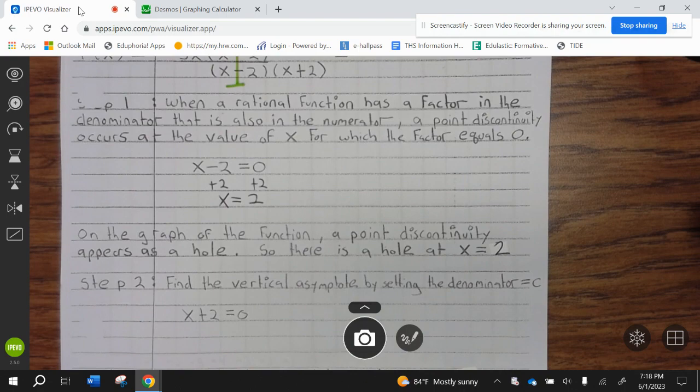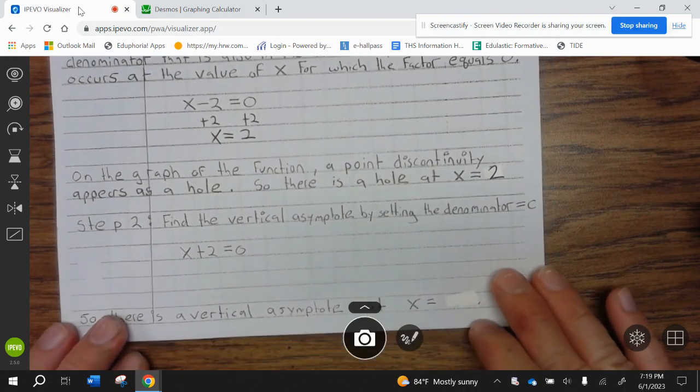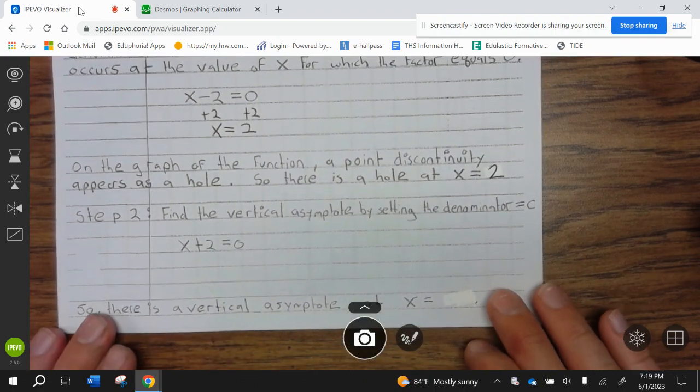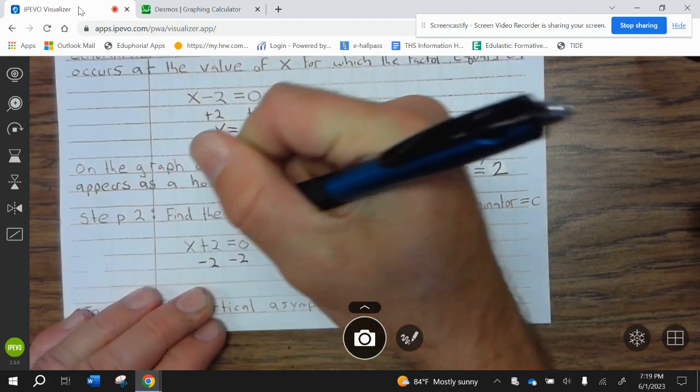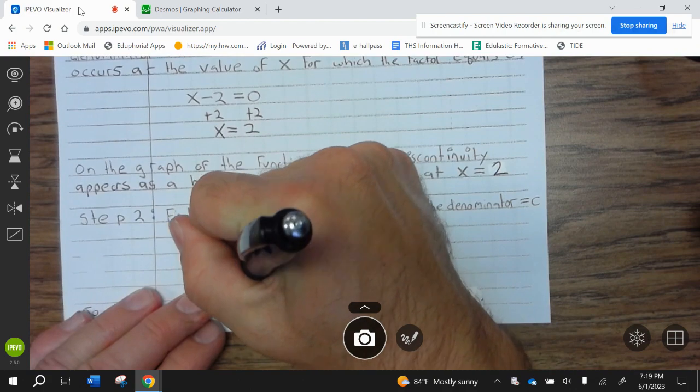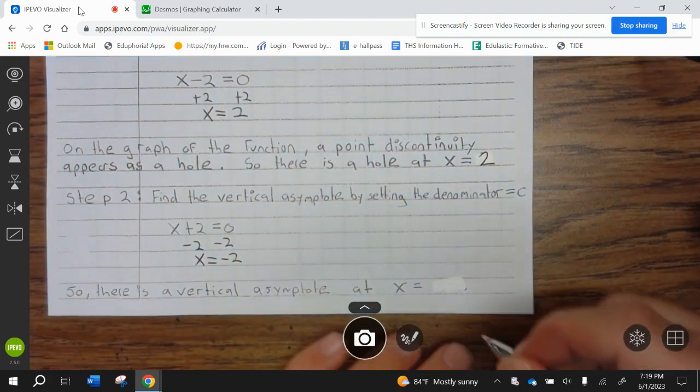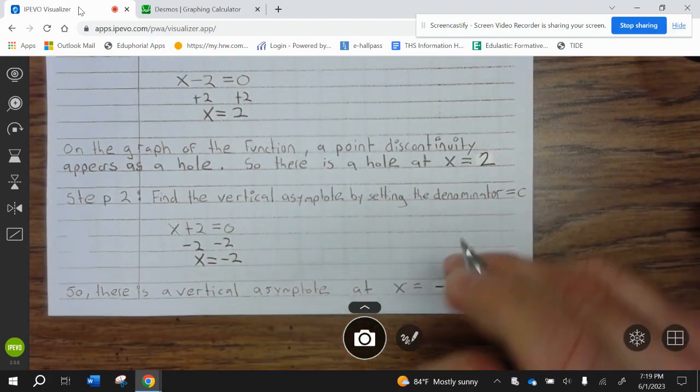Step 2, find the vertical asymptote by setting the denominator equal to 0. So x plus 2 equals 0. Subtract 2 from both sides, so x equals negative 2. So there's a vertical asymptote at x equals negative 2.